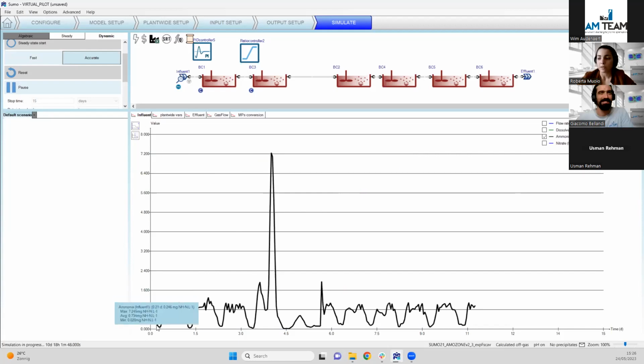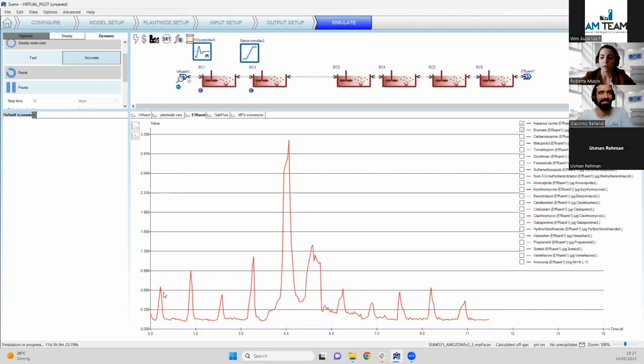You can see that at certain moments of the day, the ammonia concentration goes very low. And we know that ammonia has an important role in the bromate formation chain, because if ammonia is present, it can sequester the hypobromous acid to form bromamines, preventing the bromate from being formed.